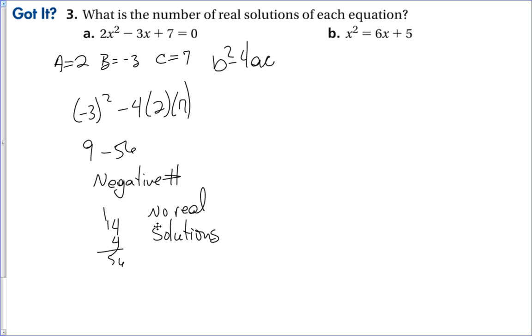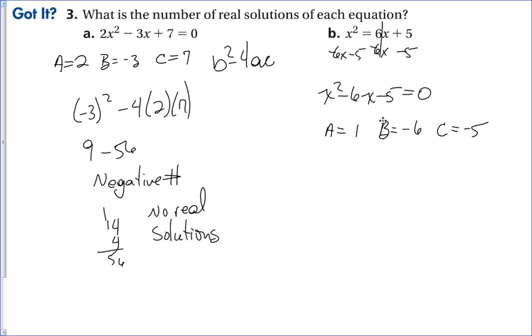Now let's solve this one. x squared equals 6x plus 5. We need to get everything on the same side, so we subtract 6x and subtract 5. So x squared minus 6x minus 5 equals 0. Now a equals 1, b equals negative 6, and c equals negative 5.